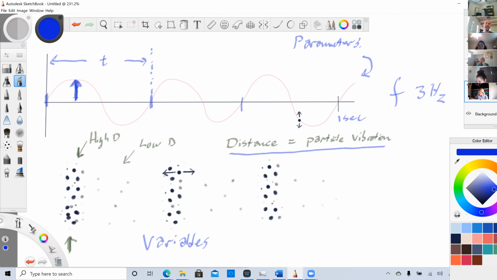Intensity. Intensity is going to be power divided by area. We're not going to work out any math on this, guys. Just remember this: area goes down, intensity goes up. One good example in ultrasound of the area going down is at the focal point.